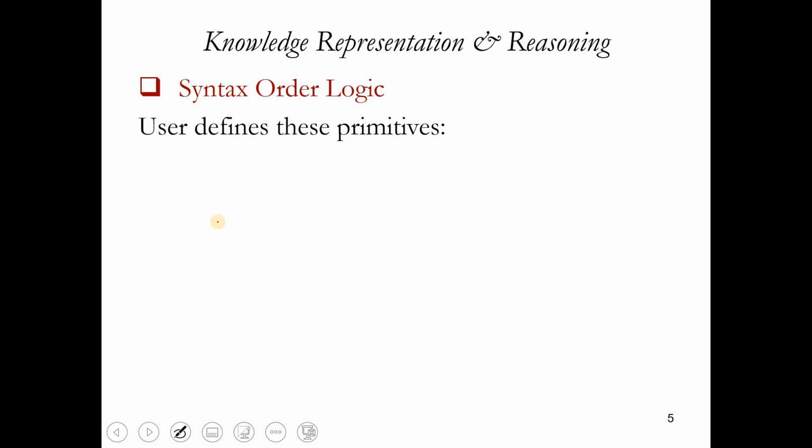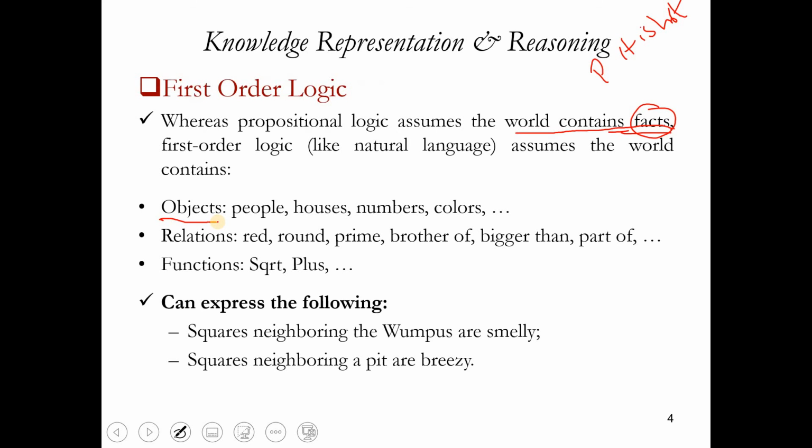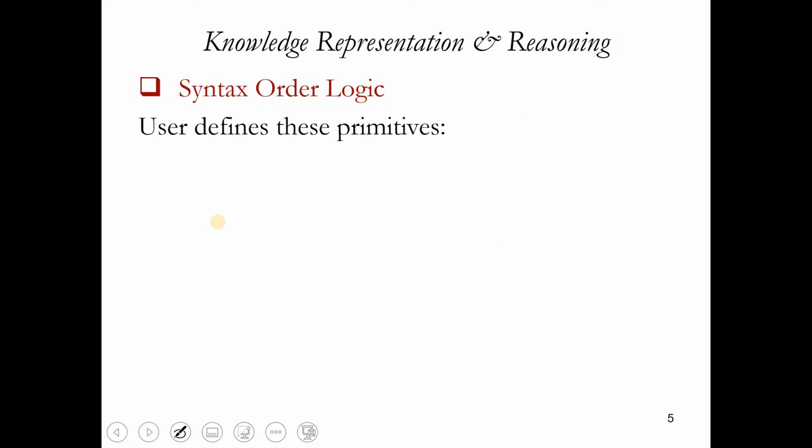So what is the syntax? Remember, we will do the same thing as we saw previously: syntax, then semantics. Syntax is a little bit tricky, difficult. In first order logic, there are two things that are given.